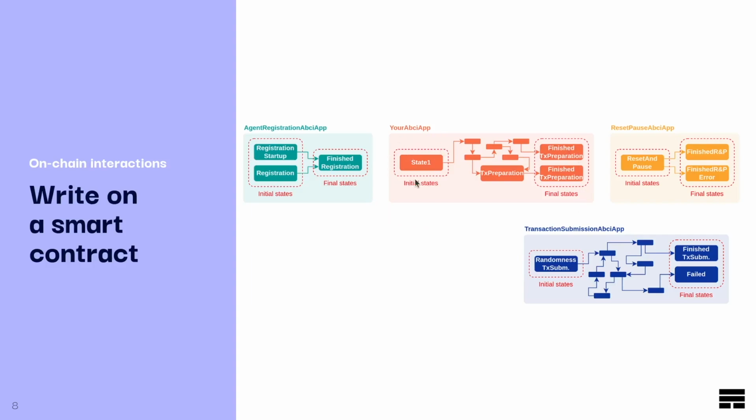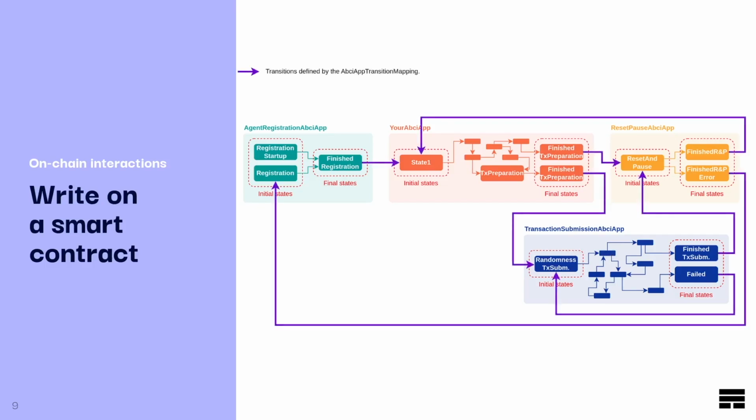So you have your skill, which has a number of states, and at some point you have some transaction preparation stage where you prepare the transaction to be submitted on chain. And when you have finished preparing this transaction, you transit to some final state, and this final state will be chained with this transaction submission. So this will be how the chaining for this particular service will end up.